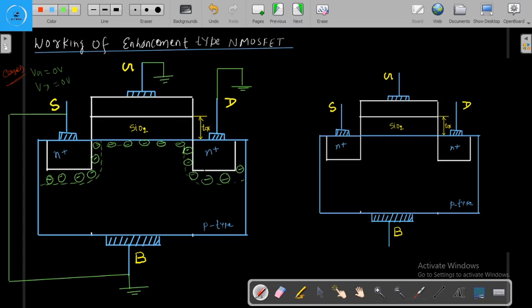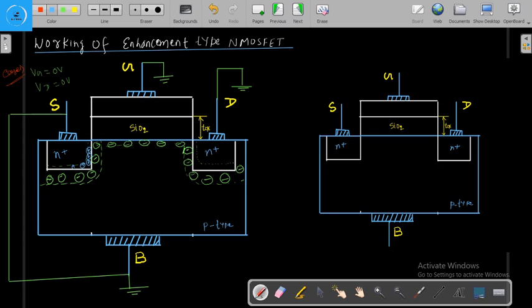And since this is heavily doped, n type is heavily doped, so here the positive immobile ions will be present. And why is the thickness of the depletion region less?